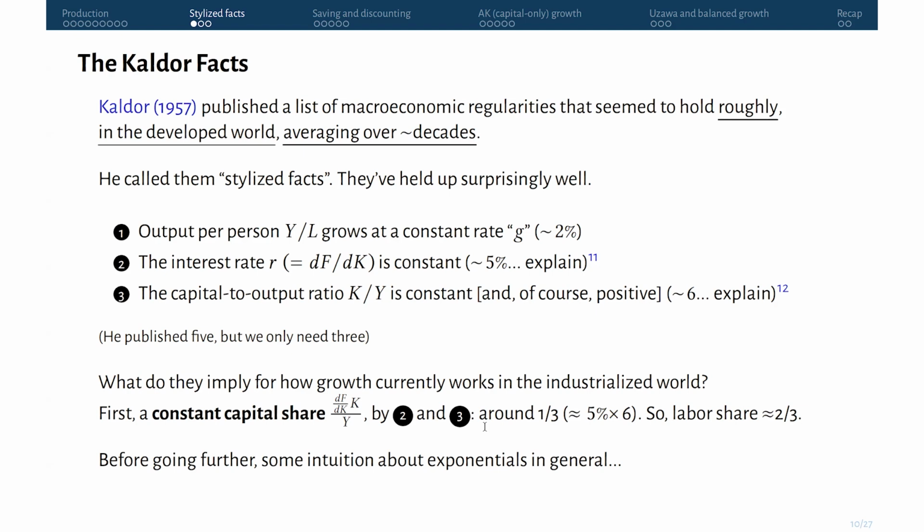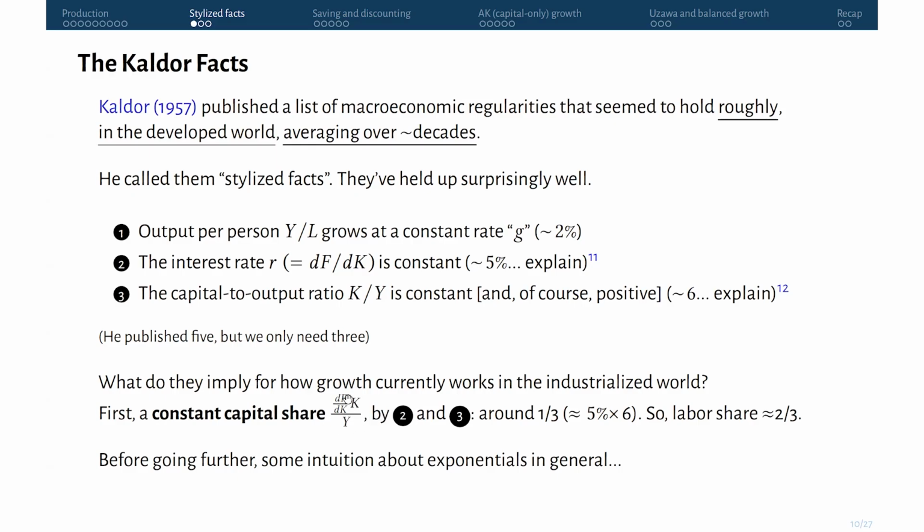The first, and maybe closest to home, is what they imply for the capital share. They imply that the capital share should be constant. Why is that? Well, remember the capital share is the marginal product of capital times the quantity divided by output.